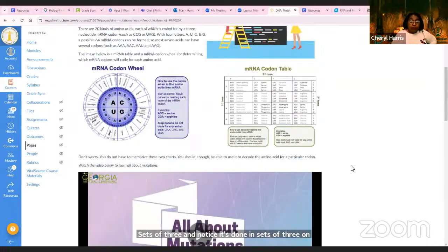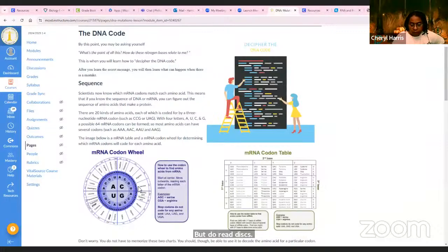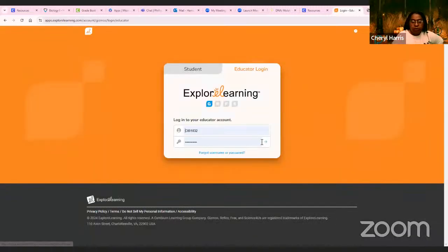Okay. But do read this, because we're going to look at using these two tables in order to construct a messenger RNA. All right, the gizmo. I want you to do this gizmo, but I need to make sure that it's going to work for you, because the other day it didn't work.